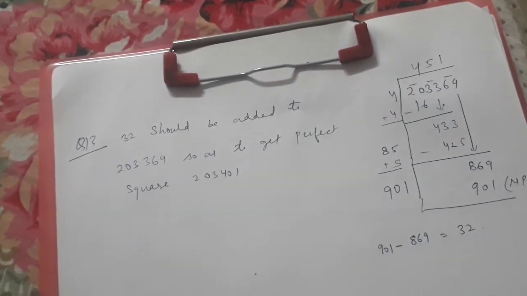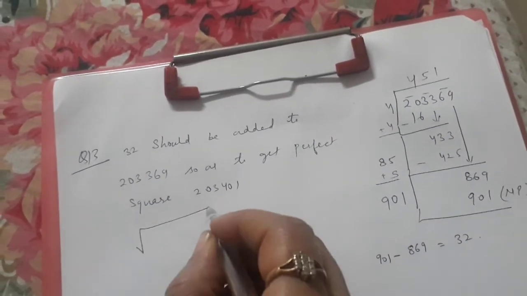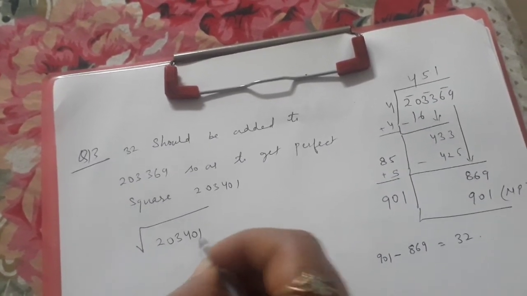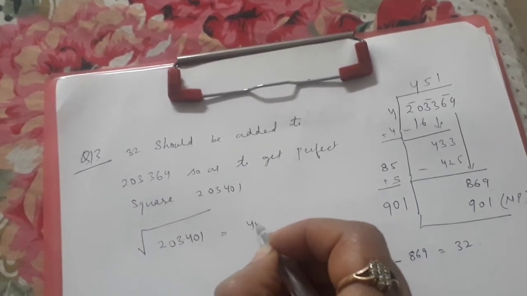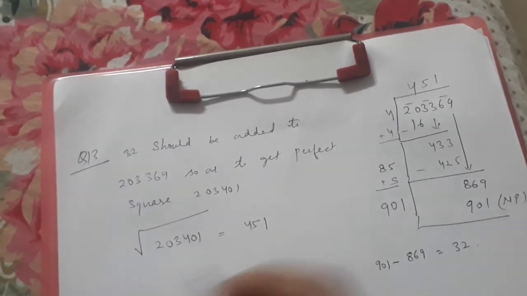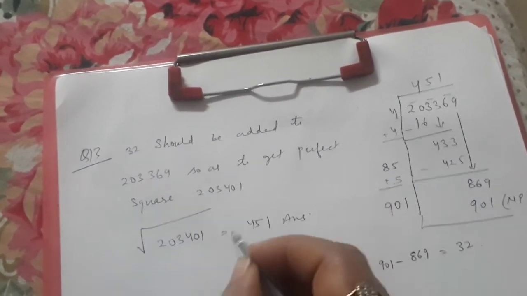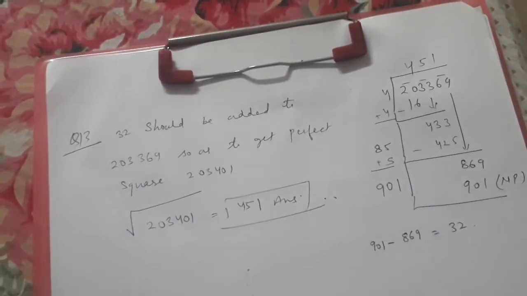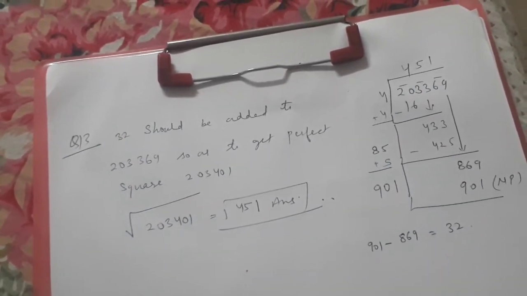We have also been asked for the square root of 2,03,401, which is equal to 451. That is our answer. Hope question number 3 is clear.